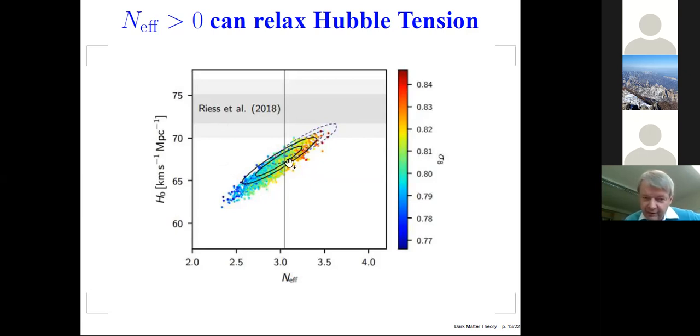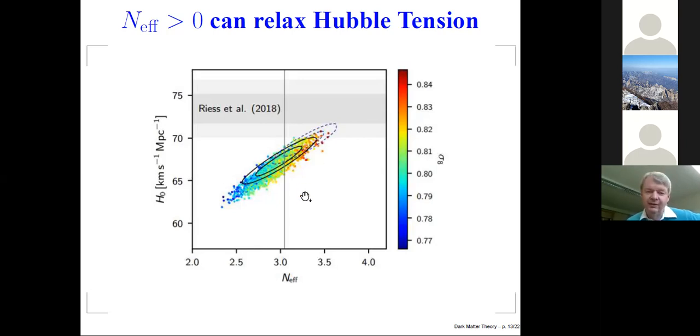So here, this is shown by this plot, which is taken from the Planck 2018 paper. When you fix N effective to the standard model value, the best value of the Hubble parameter from the CMB is something like 67 or so, whereas the preferred value from the direct measurement is something like 72. And that's by now also a 4 or 5 standard deviations discrepancy.